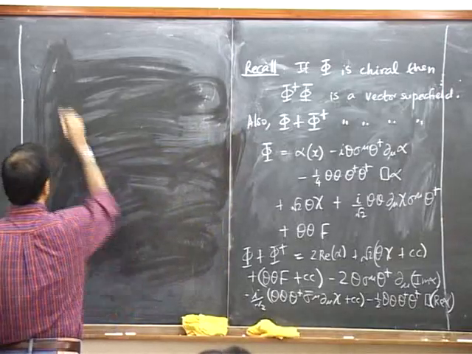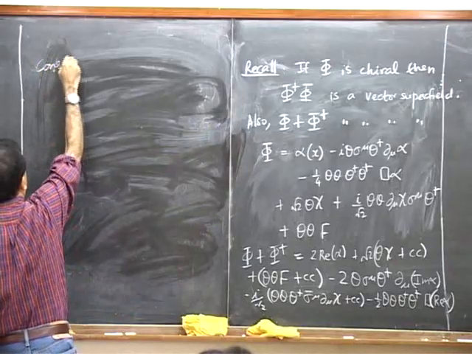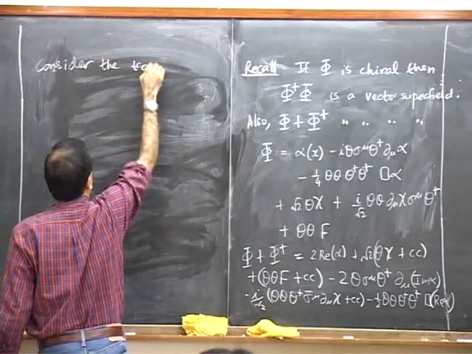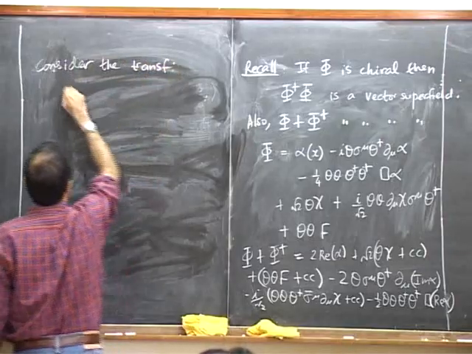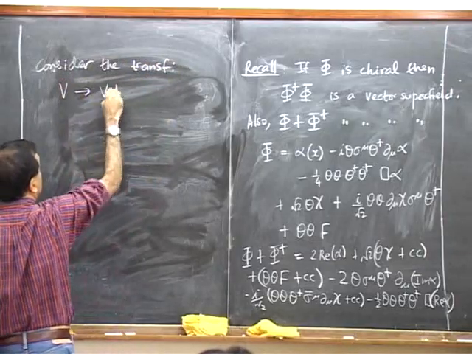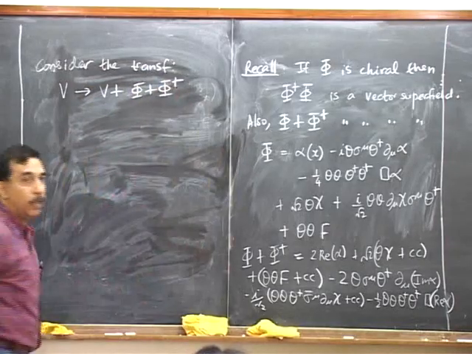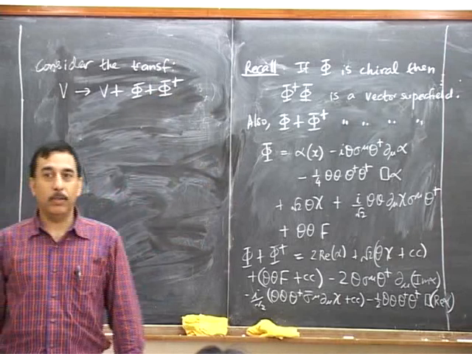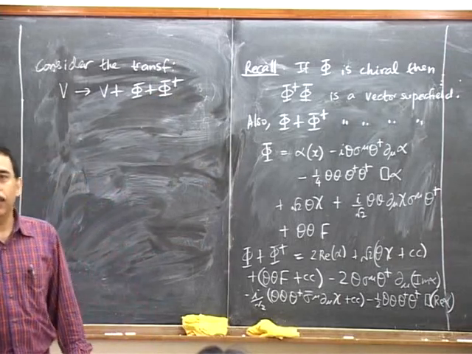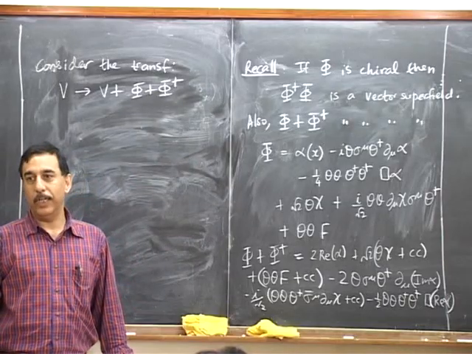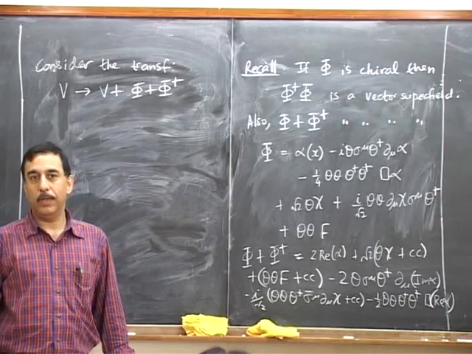And so I can consider a very simple field transformation, where I take an arbitrary vector superfield and I shift it by this phi plus phi dagger. What we are going to see is that this shift will be the equivalent of gauge invariance, of a gauge transformation on V. Why do I say that?